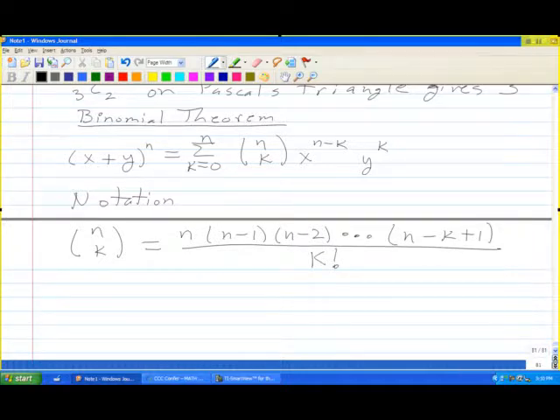Okay. And this is actually true for n being any real number and k being some natural number, some whole number. Okay. So then I have the following binomial theorem.